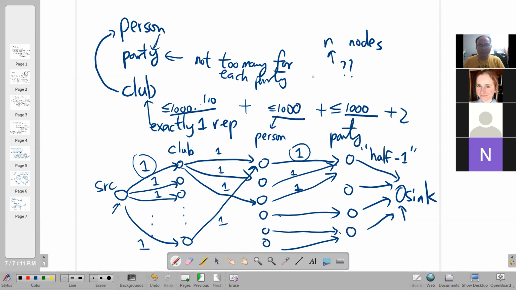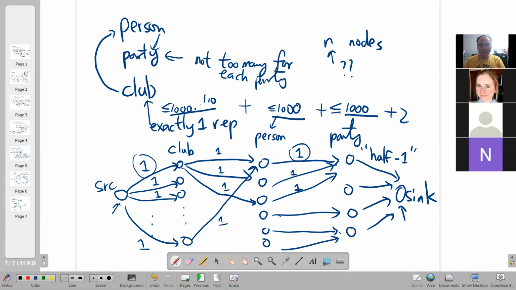You can be more precise if you wish. You can actually read the inputs, remember everything, and say, aha, I only have 5 people. So I'm only going to use 5 nodes over here instead of 1,000. You can do that. Or you can just use 1,000 and then only bother to use the first 5 nodes, and the rest you don't even bother connecting. That's fine too. I think it's actually easier to just use the maximum.